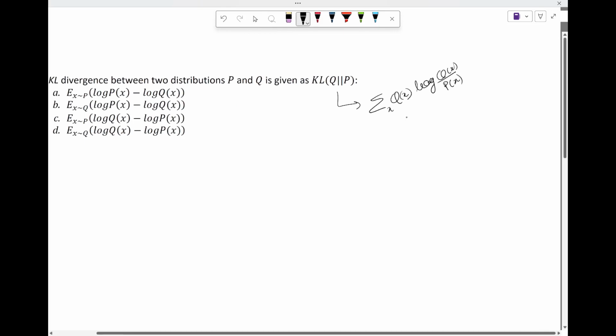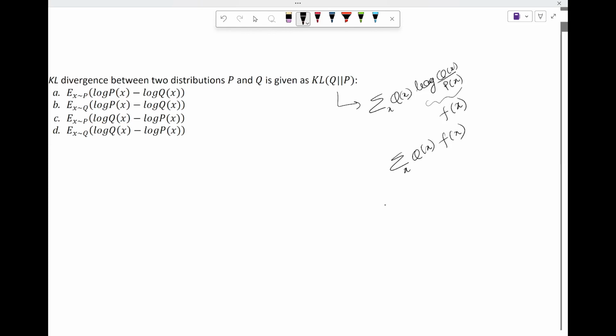So we can say this is the expected value. You consider this as a random variable, some function f of x. So it is basically summation over x of q(x) f(x), which is basically the expected value, when x you are sampling from q(x), of f(x).